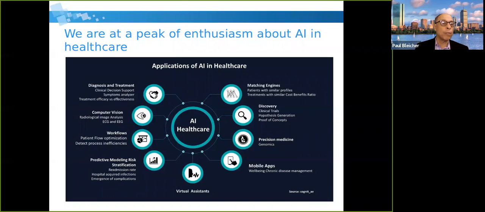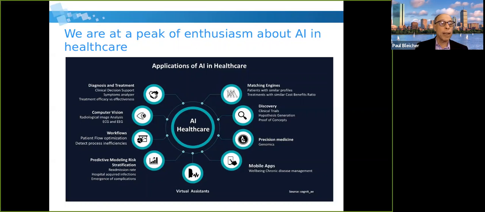As you know, and as you've heard in this conference, we're at a peak of enthusiasm about AI in healthcare. There have been some 27 approved products so far by the FDA. There may be more by now for clinical decision support and diagnosis and devices.